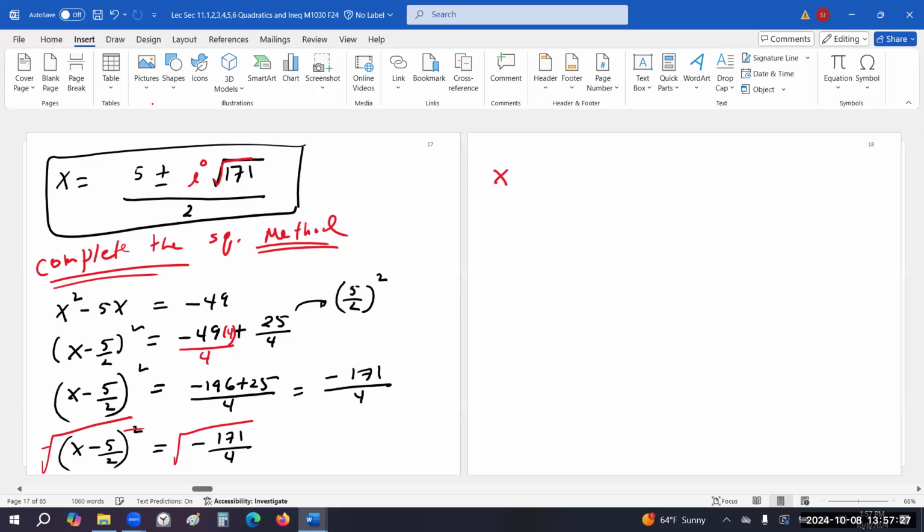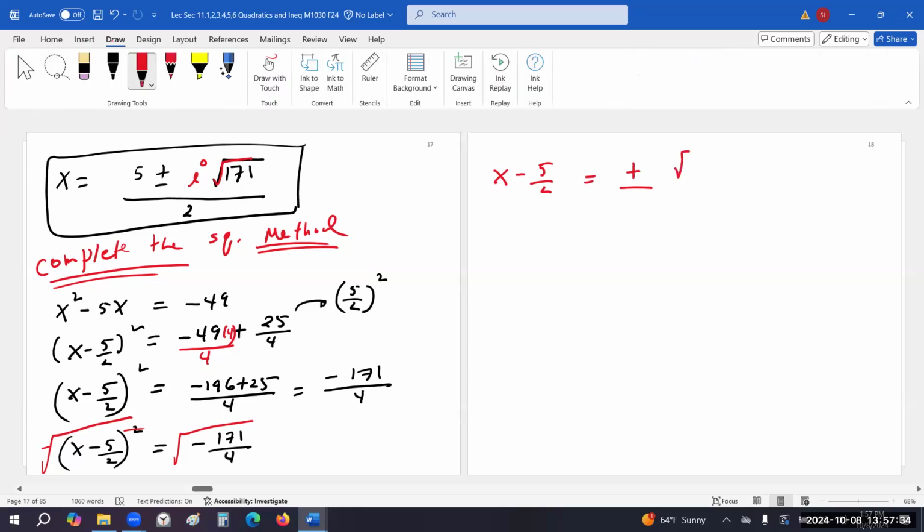So we have x minus 5 over 2 is plus or minus the square root of 171 over the square root of 4. What is the square root of 4? 2. And what is the negative inside the square root? i.